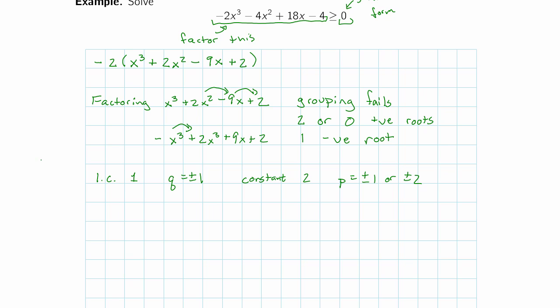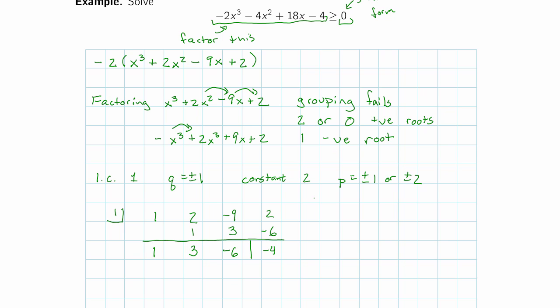I'm going to try 1 first, because that makes the arithmetic easy. My coefficients are 1, 2, -9, and 2. 1, 1, 3, 3, -6, -6, -4. Not 0. 1 is not a root.